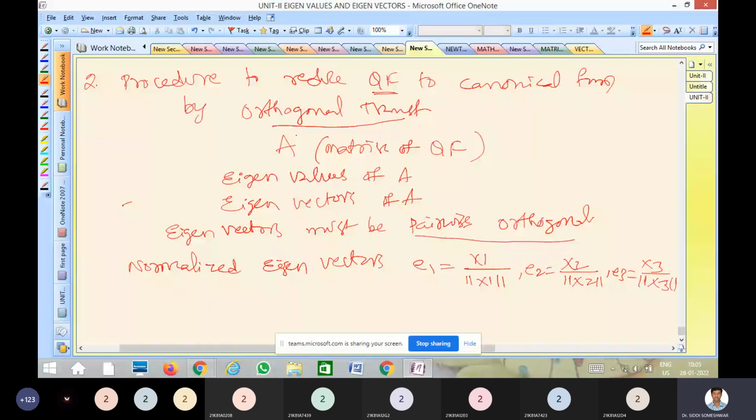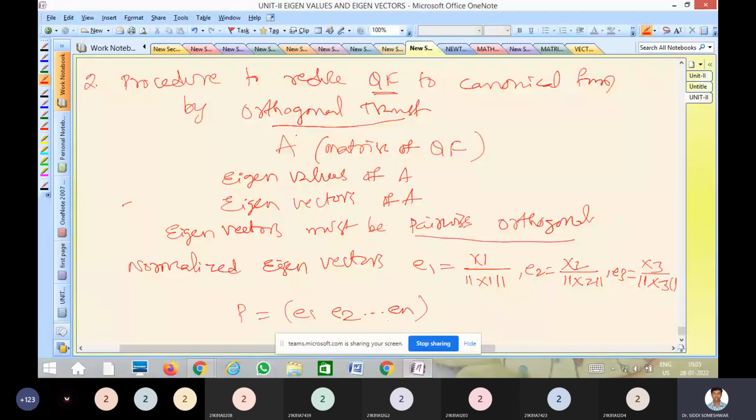Now you can write P, the modal matrix, as E1, E2, so on up to En, depending on the vectors you got.